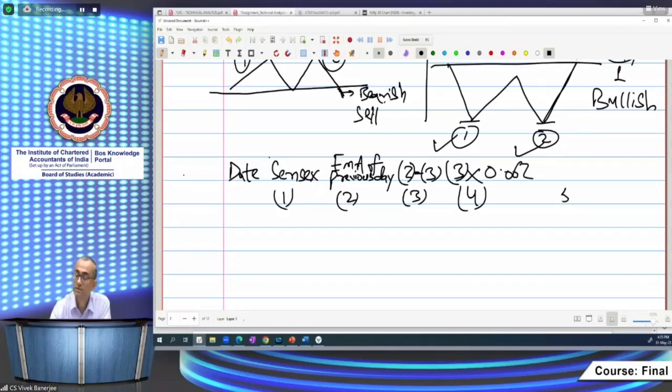And then the fifth column will be 4 plus 2, because whatever figure is arrived at in column 4 is then added to the previous day EMA. Now let us solve it on the basis of whatever is given in the question.